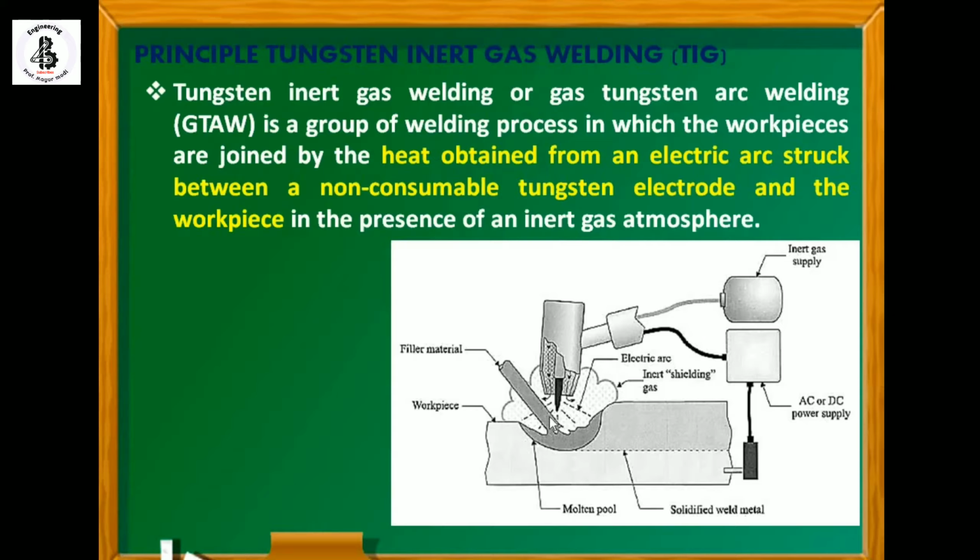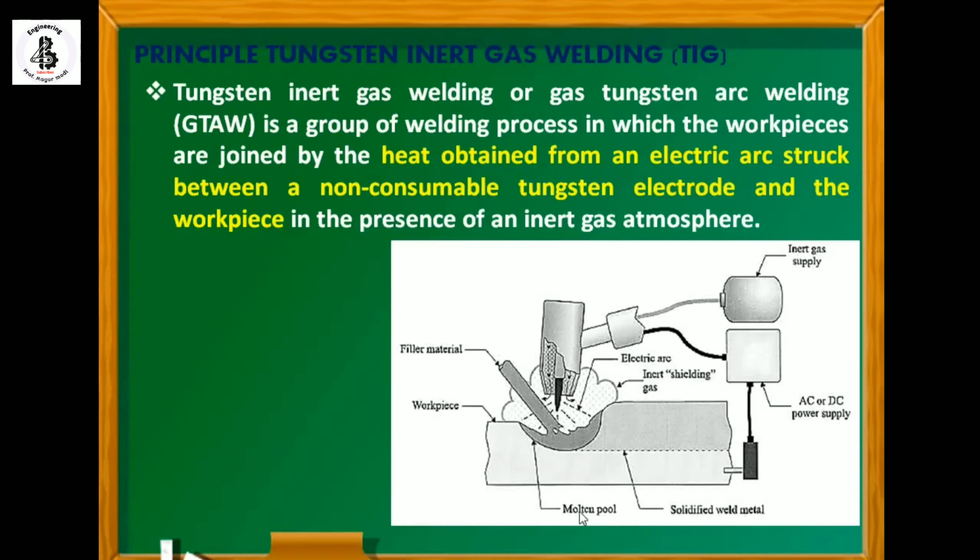Basically, in this principle of the TIG welding process, the arc is struck between the non-consumable tungsten electrode and the workpiece material. By striking the arc between the tungsten material and the base material, the temperature increases, and by this temperature the base metal and the filler material, if it is used, make a molten pool.